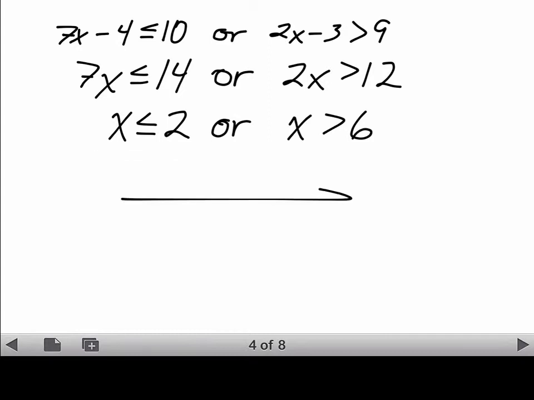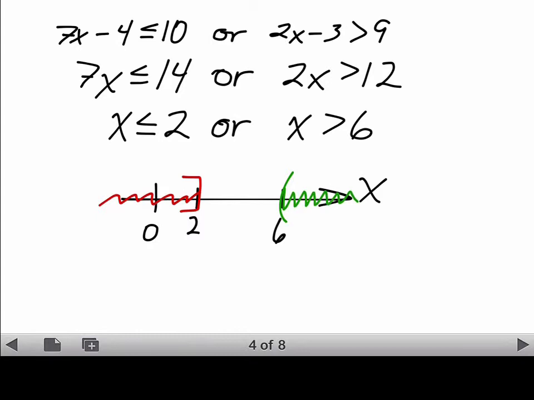Let's see what that looks like on a number line. I'll put a 0 for orientation, and then a 2, and then a 6. And if x is greater than 6, I'm going to put a parenthesis opening to the right, and x is less than or equal to 2, so I'm going to put a square bracket opening to the left.